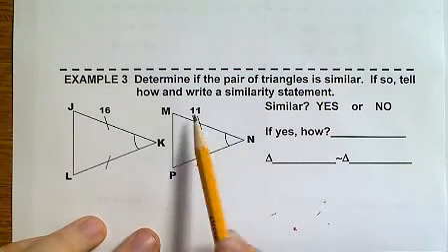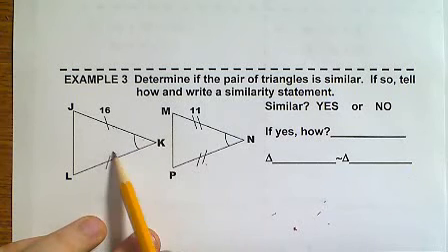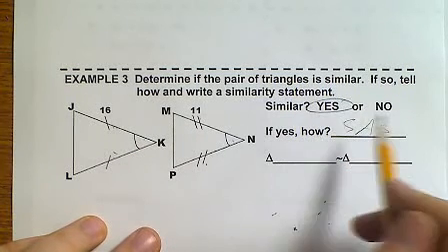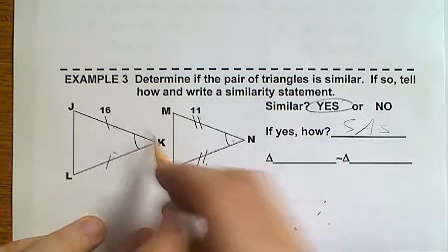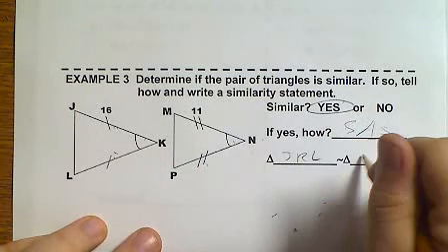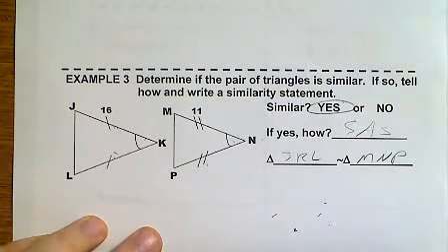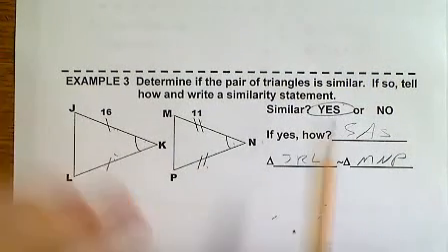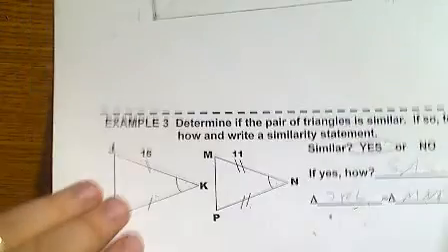This is side angle side similarity, so that's yes. We give these triangles a name, JKL would be MNP. So this was just a review from last lesson. Well, that's the last page for this.